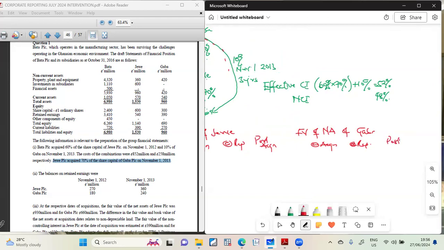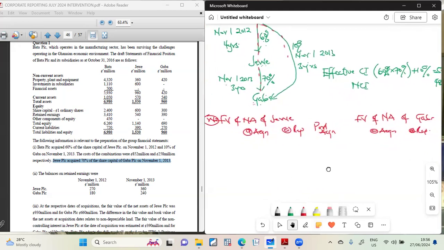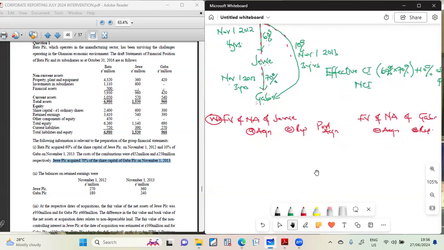This is where tuitions differ. Some people don't draft it like this. Everybody has his own style. For me, this is it. When you finish, remember, everything is in millions. Now, when you draw this, don't forget the equation you are using to do this is E is equal to A minus what? L.